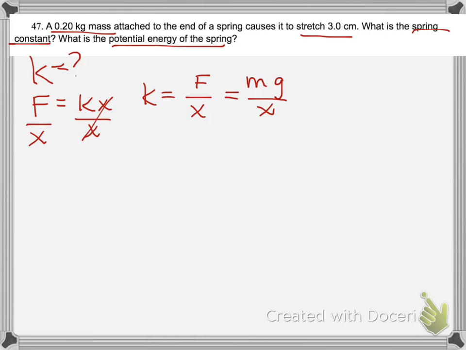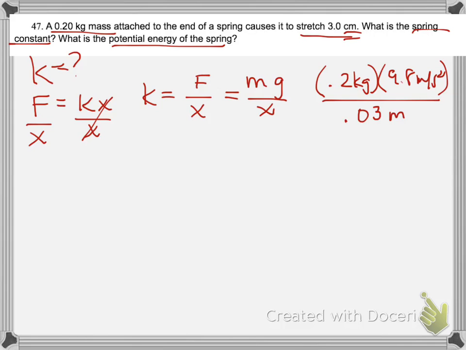So we're going to plug in 0.2 kilograms times 9.8 meters per second squared, which is our gravity on Earth, and divide that by 0.03 meters. Again, they give you the value in centimeters and you need to convert. And when we do this, we will get 1.96 newtons divided by your 0.03 meters to get a spring constant of 65.3 Newton meters.